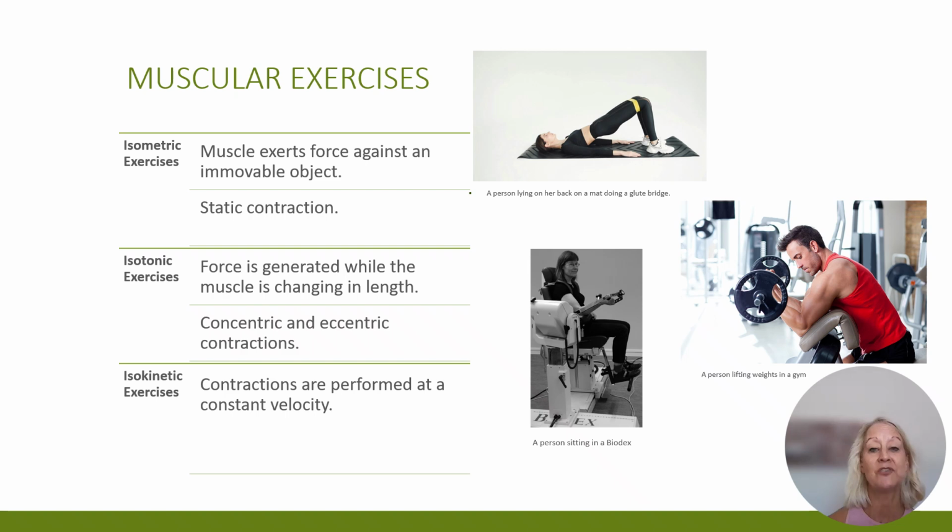Isotonic movements have two crucial phases, concentric and eccentric. If we look at the bicep curl, the concentric action is when you lift the weight. Your bicep muscle shortens and bunches up. So think concentric, construct, or shorten.